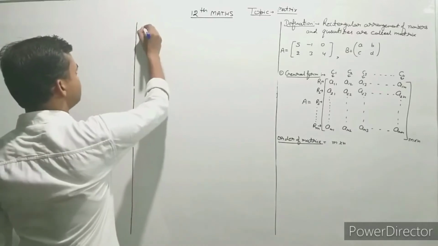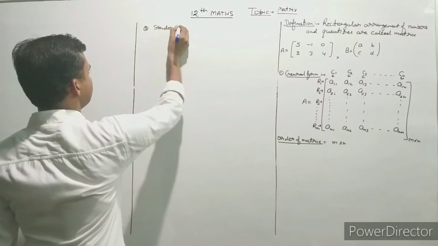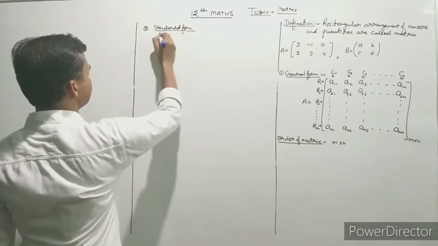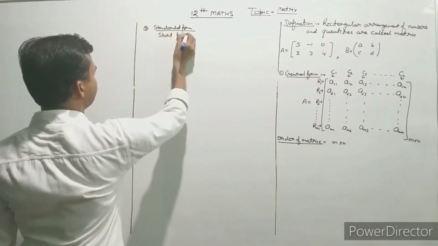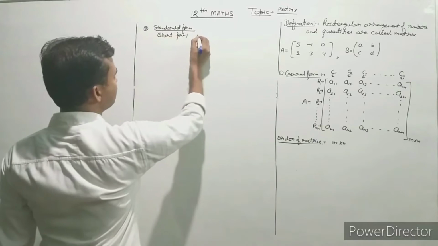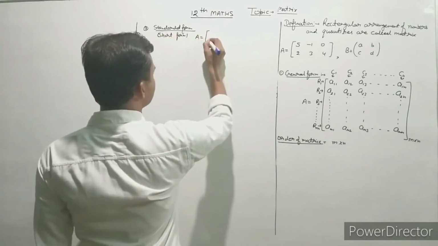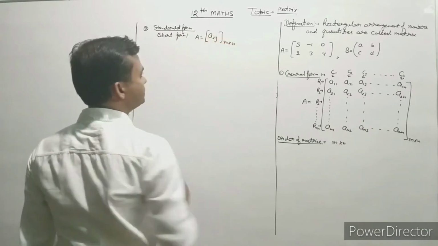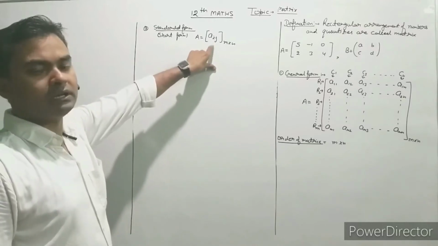Now the second form, standard form. It is also called the short form. In this form, we can write the matrix as capital A is equal to bracket Aij M by N. This Aij represents all the elements of the matrix.